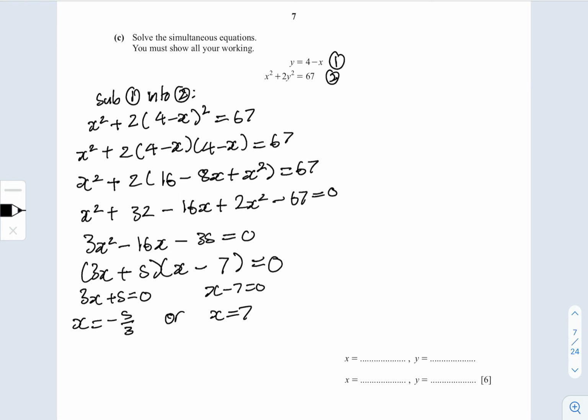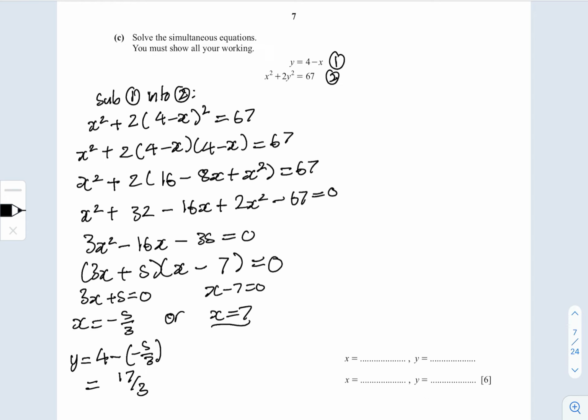So now that we have the two x values, we can solve to get y. If x equals negative 5 over 3, y equals 4 minus x here, which is 4 minus negative 5 over 3, and therefore that would give us, on a calculator, 17 over 3.